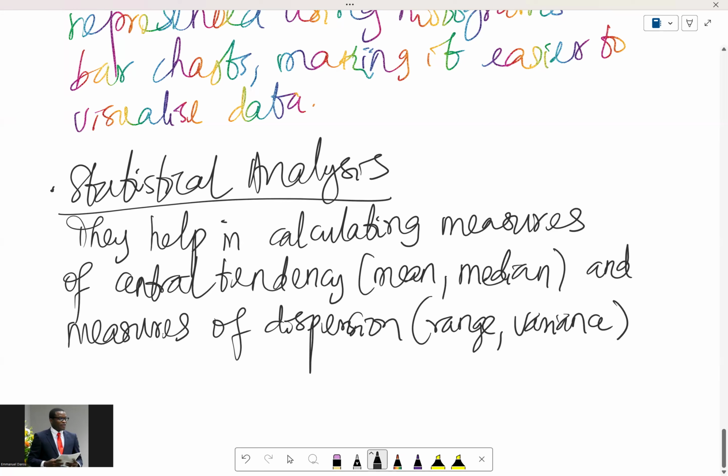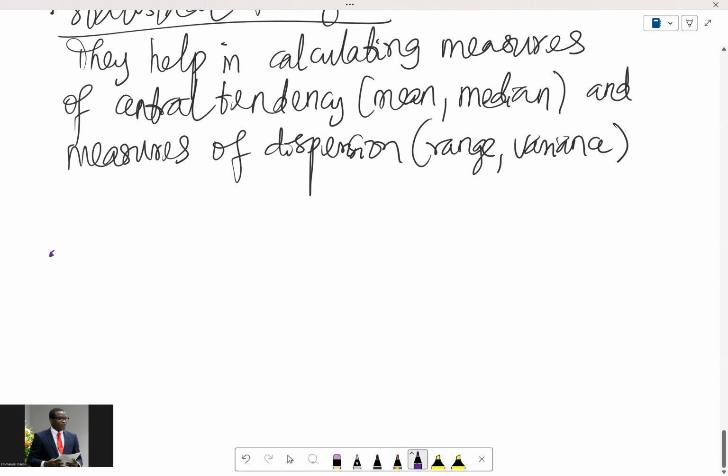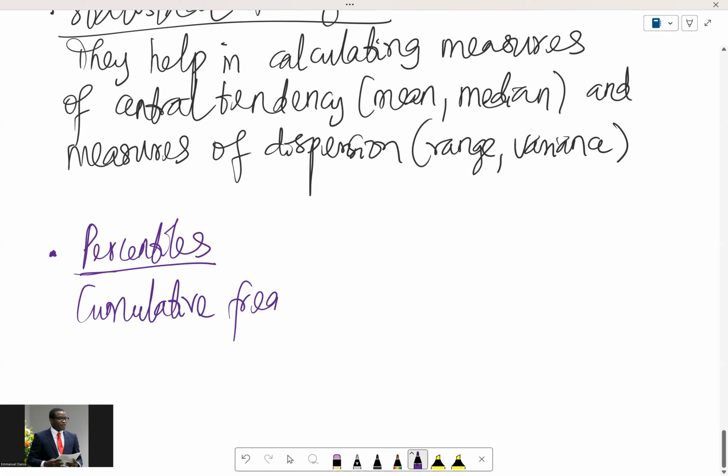Then we have percentiles, which are measures of position. We've done all of this in the past. You can see in the formula for calculating percentiles, deciles, and all that, we always need the cumulative frequency before a particular class, and the frequency of the class itself.